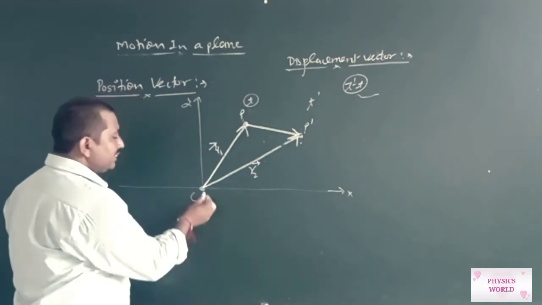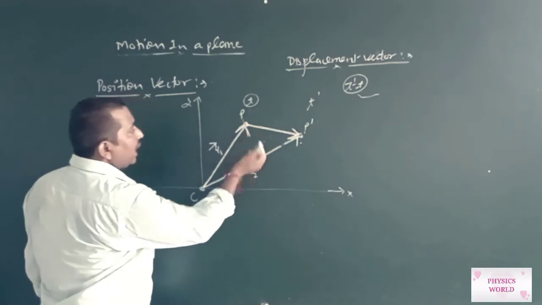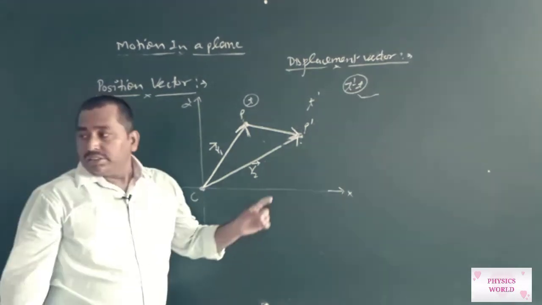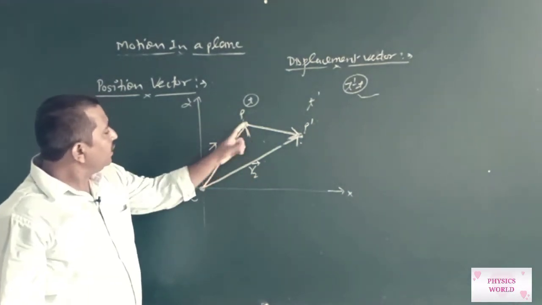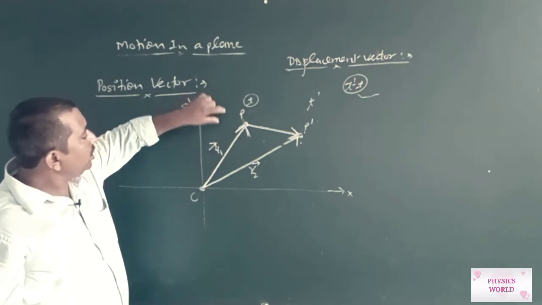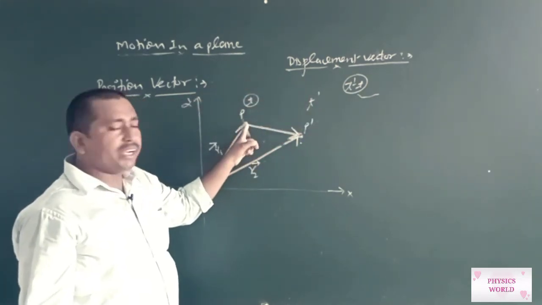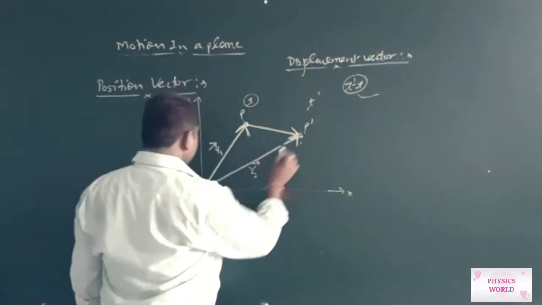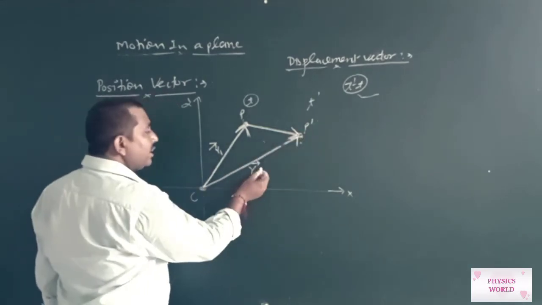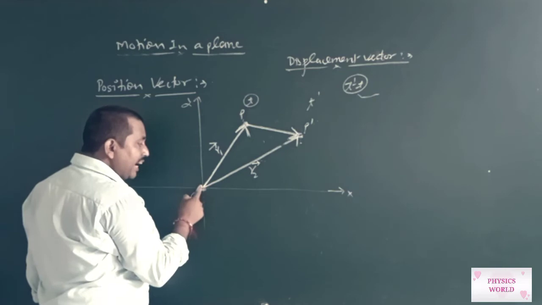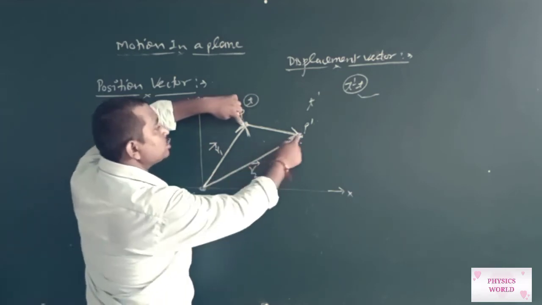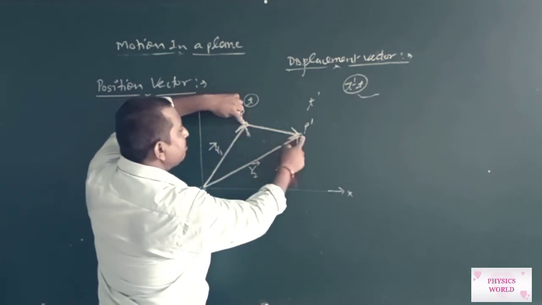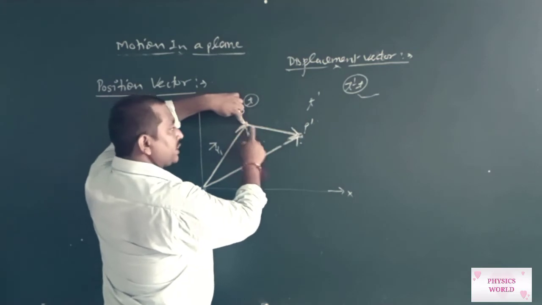As we know, if we take OP as the first vector and PP dash as the second vector, then OP starts from point O and PP dash starts from point P. The first vector is R1, and the second vector starts from the head of the first vector.